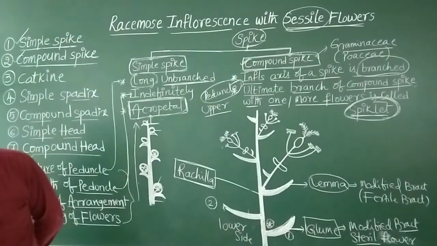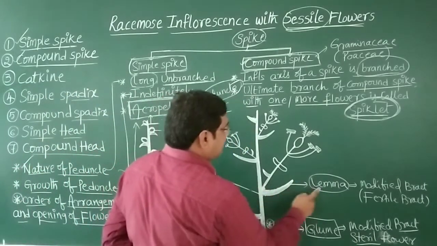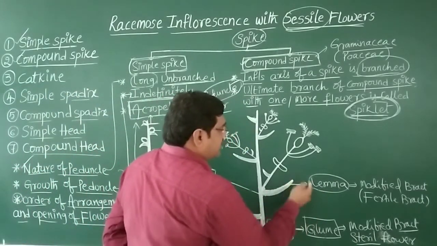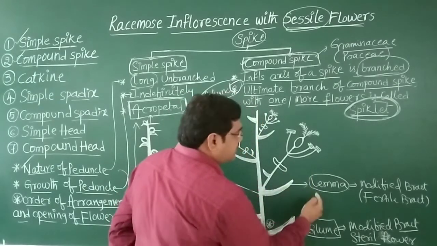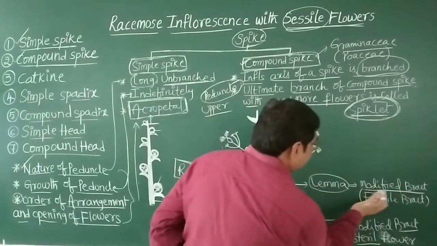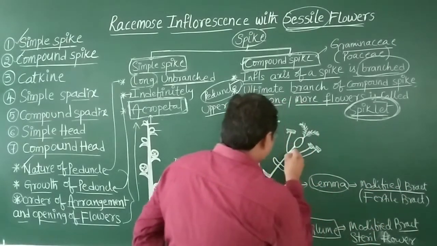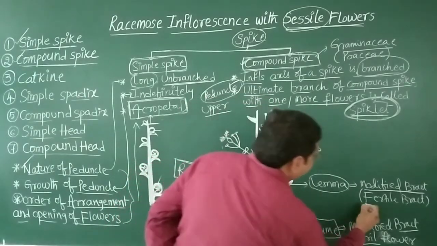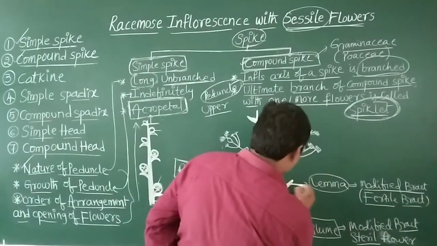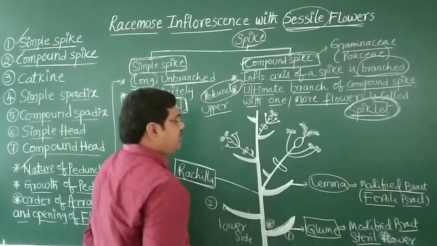Here the lemma contains a flower, so the lemma is a modified bract with a flower in it. That is called a fertile bract, or fertile flower.